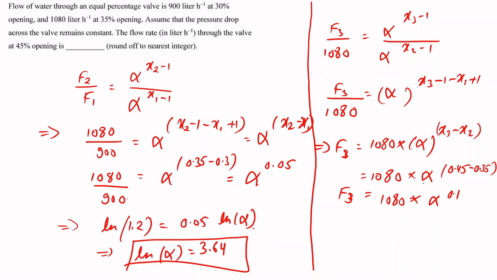Now from over here we can simply calculate the value of alpha and put it here. So this will give us the value of alpha as 38.09. So 1080 into 38.09 raised to 0.1.